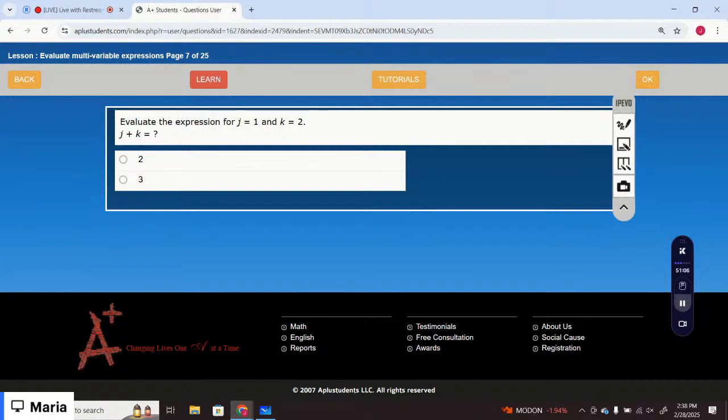Evaluate the expression for j equals 1 and k equals 2. That is 2 plus 1, 3. Option number 2 is the correct option.